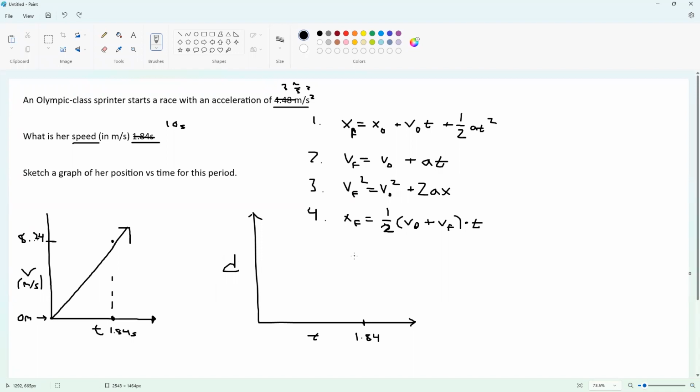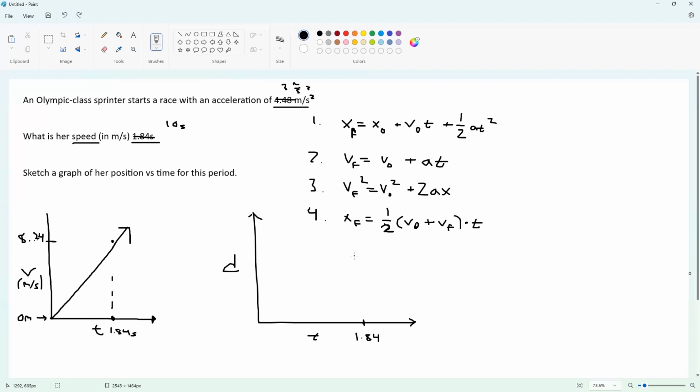Oh, the change in distance. Okay, we have velocity initial, the acceleration, the time, and the final velocity.